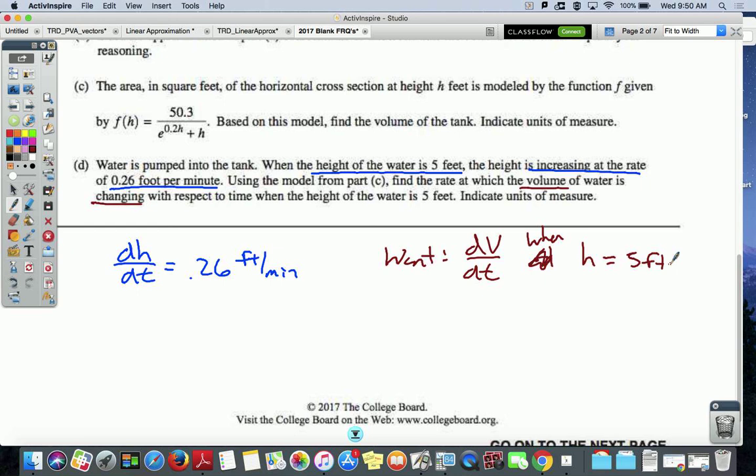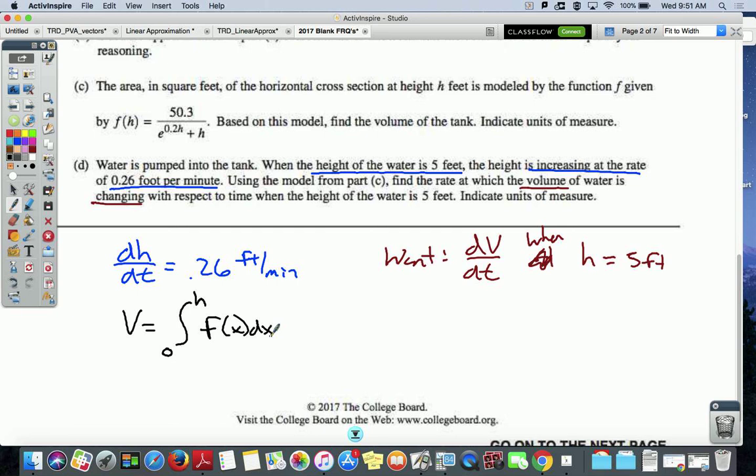The question is, what are we using for our volume equation? What we're using is kind of the setup we used for part C. The volume was equal to this integral of our area function. Now when I write this, because I'm not using the volume to find a specific value, I'm going to put one endpoint as h, and then I'm just going to say f of x dx.